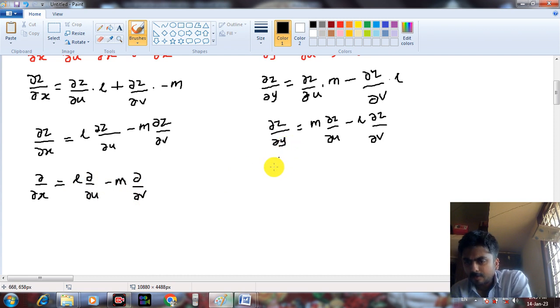Here if I am not considering this z, ∂/∂y is equal to m into ∂/∂u minus L into ∂/∂v.